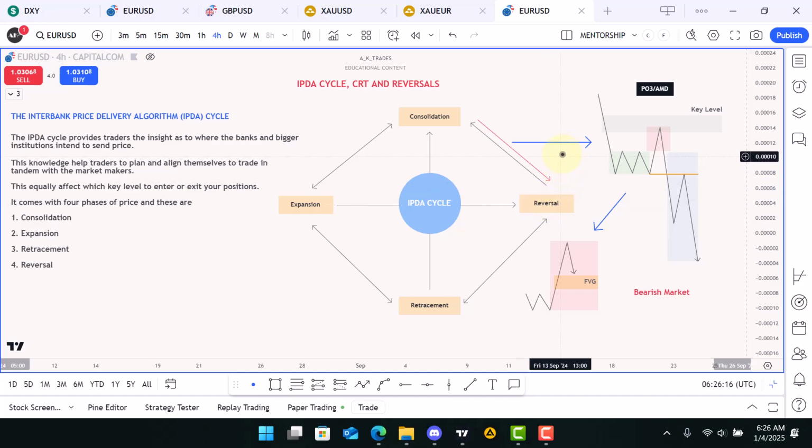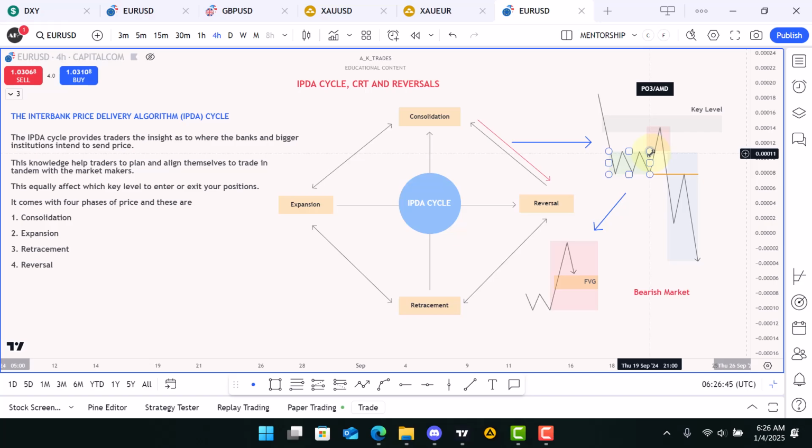Now, this is what will lead us into ICT's power of 3, or AMD, that is accumulation, manipulation, and distribution. Now, when we consider a bearish market, price expanded from a bearish PD array on a higher time frame, entered into a consolidation phase, and then look at what happened at this point.